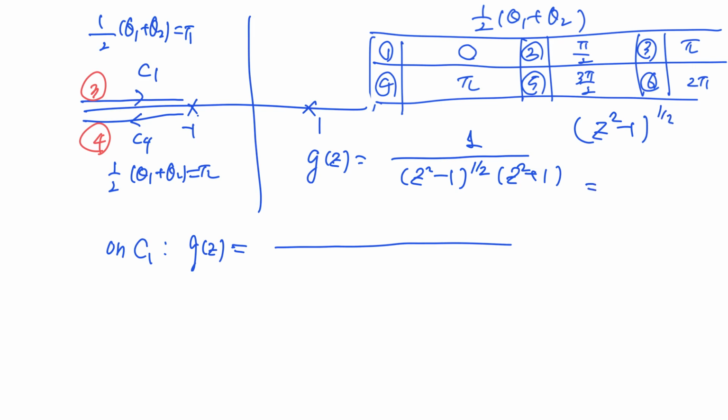Square root of x square minus 1 exponential pi I, right? On C1, C3, no, on both 3 and 4, right? Maybe I can write in red color. 3 and 4.